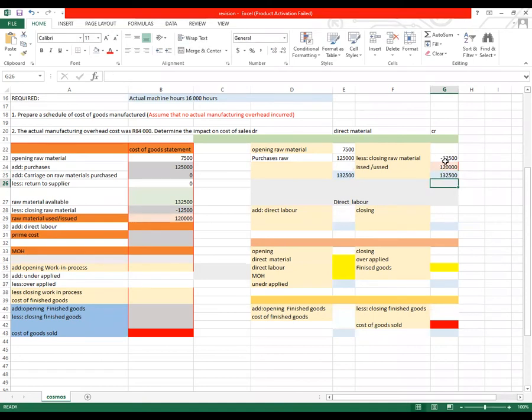That is why here I put negative, because if I say this plus this equals this, but if you want to get this amount, treat this as a positive. 12,500 plus 120 is going to give you 132,500. Are we together? Okay.